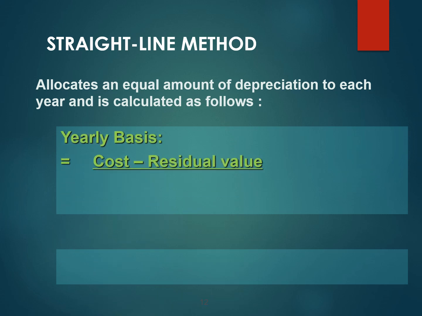Yearly basis, we will have cost minus residual value, or we call it as a scrap value or salvage value, over useful life. Or we can also use the second formula, that is percentage of depreciation times cost minus residual value.